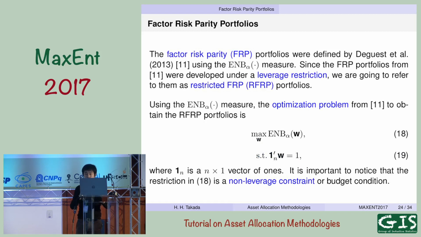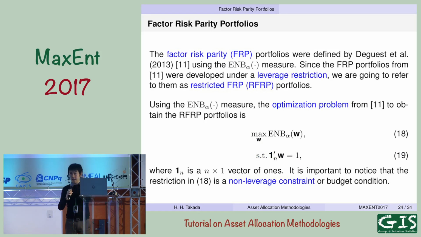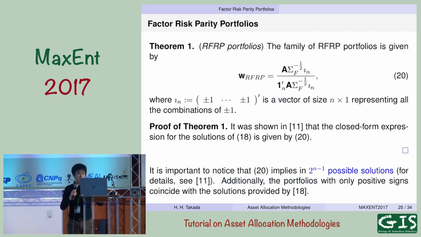So, writing the problem as a maximization of the effective number of bets, and there the inputs are in terms of uncorrelated factors, not assets directly, and with a leverage restriction, because the weights are summing to 1. It's possible to obtain an analytical expression for the solutions.